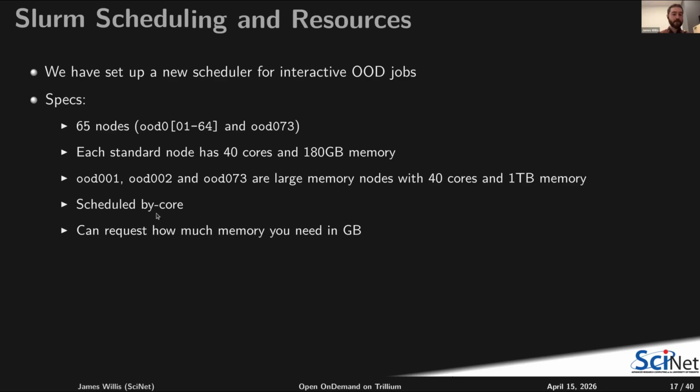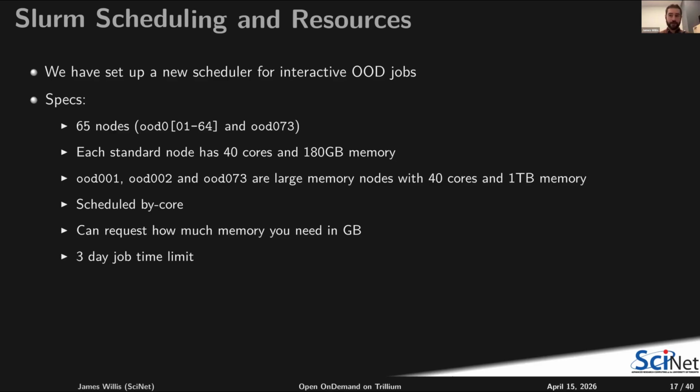And yes, per job you can request how much memory you need. So from 1 gigabyte all the way up to 85 gigabytes in the standard queue and 500 gigabytes in the large memory queue. As they're interactive jobs, we have a 3-day time limit. So you can start a job on Monday and you can come back Wednesday if you want to, and it'll still be running.